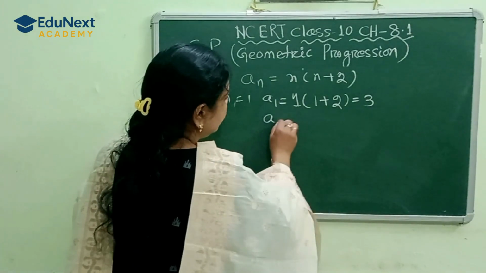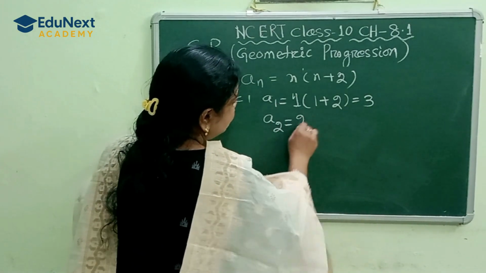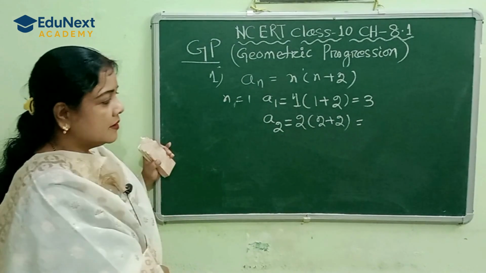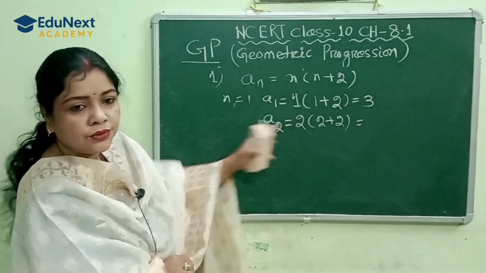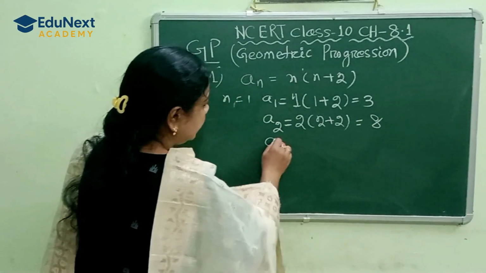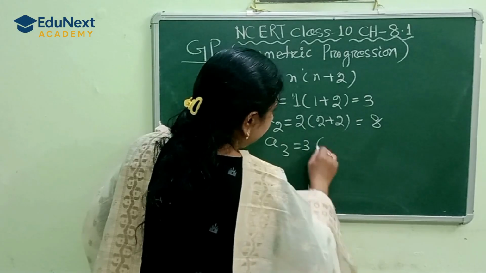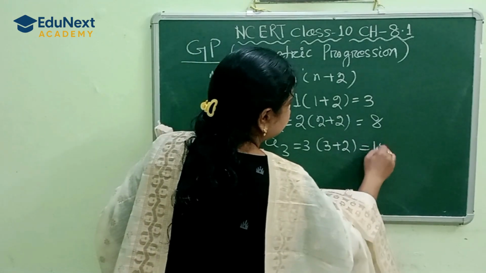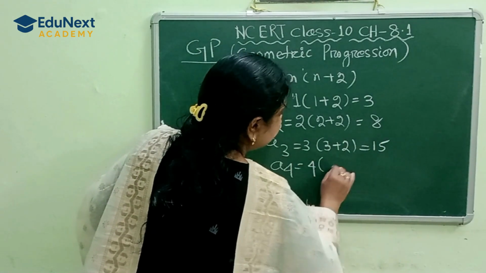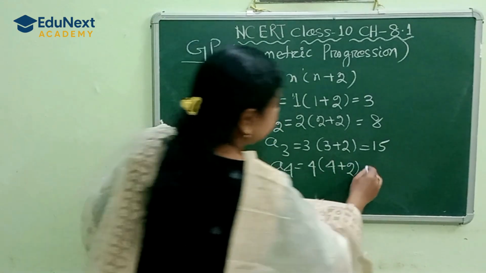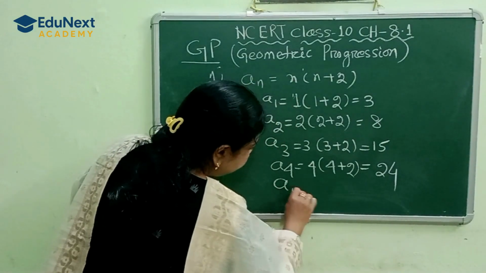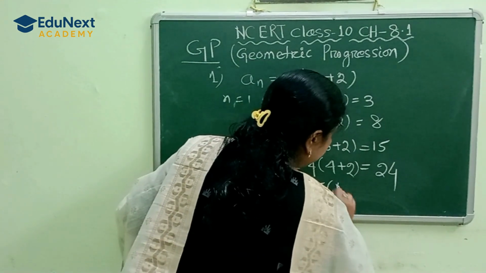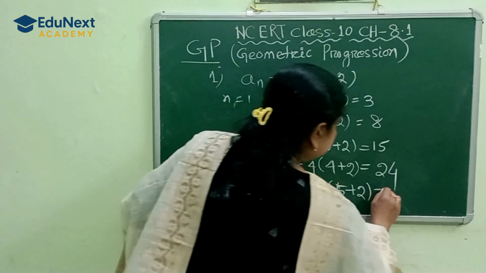Similarly, a2 is 2 into 2 plus 2, that is 4 into 2, that is 8. a3 is 3 into 3 plus 2, that is 3 into 5, that is 15. a4 is 4 into 4 plus 2, that means 24. a5, in place of n you write 5, that is 5 into 5 plus 2, that is 5 into 7, that is 35.